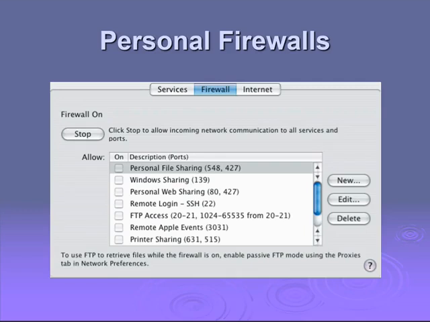Third is personal web sharing. Fourth is remote login. Fifth is FTP access. Next is remote Apple events. Next is printer sharing. Next is iChat Rendezvous. Next is iTunes music sharing. And then the last one is CVS.